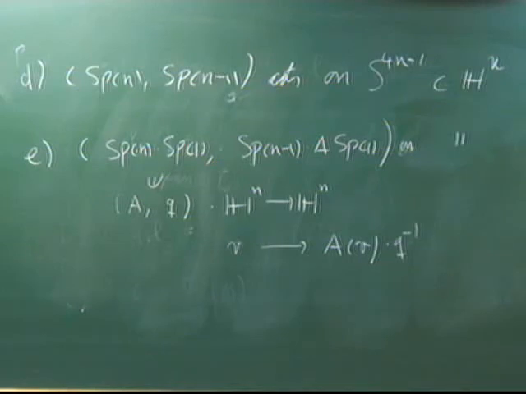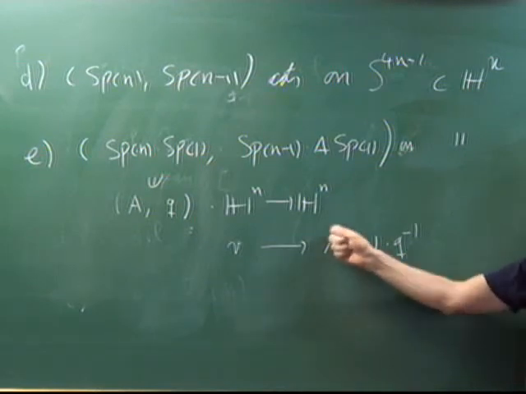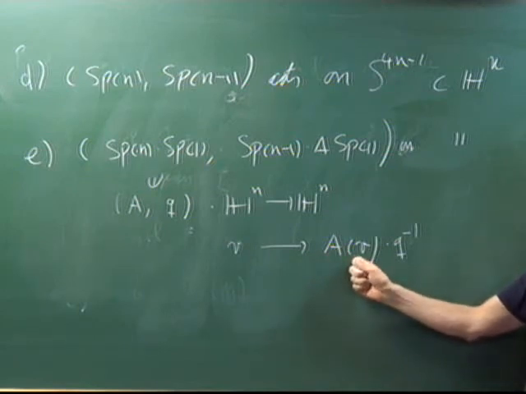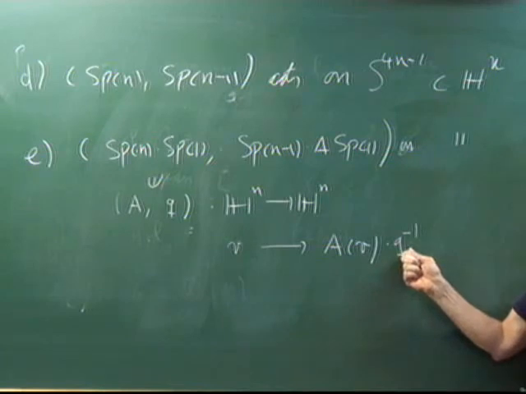Now remember the quaternions aren't commutative. So q inverse on the right is different from q inverse on the left. For A, I could take q times identity. That would be left multiplication by q on the quaternion vector. But that's in general different from right multiplication by q. So this really adds something extra in addition to Sp(n).